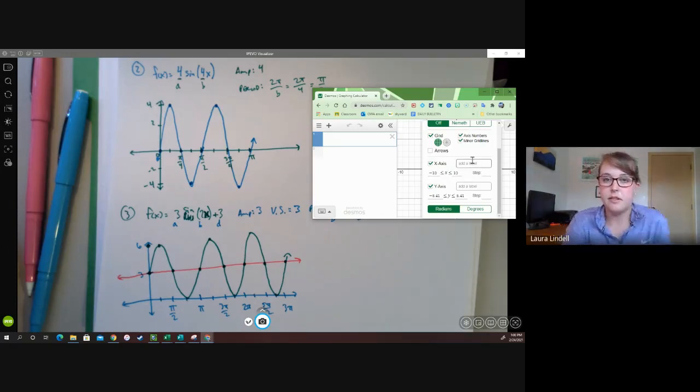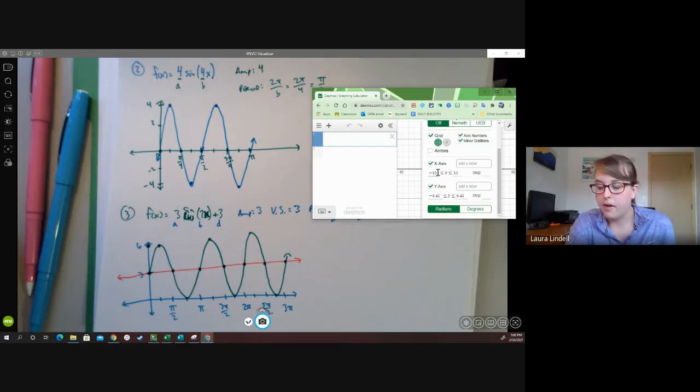The reason that it still is kind of nice to figure out the period, at least, of the function before you graph it on the graphing calculator is that it makes it a little bit easier to know what to scale it by. Because if your period is like pi over 3 or 2 pi over 3, then you're probably going to want your step size to be somewhere in the realm of pi over 3 or pi over 6.